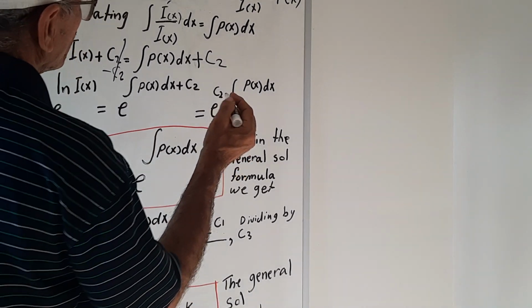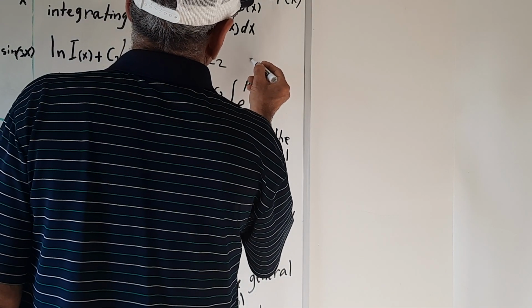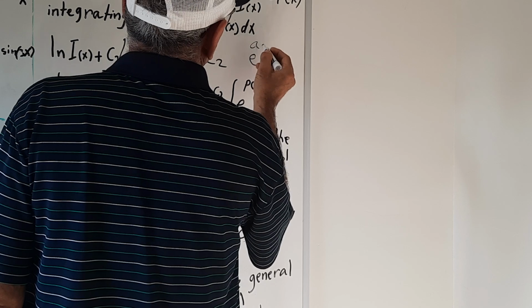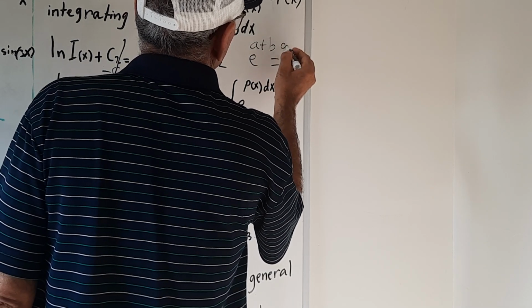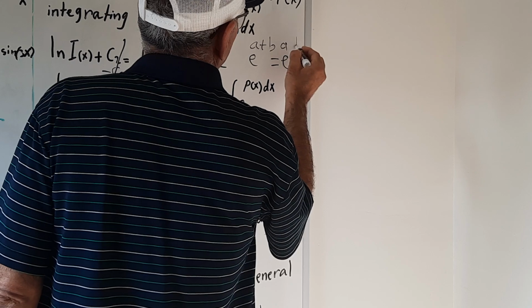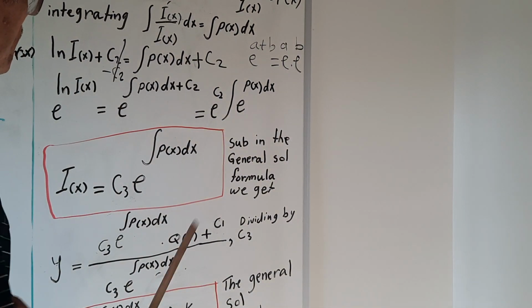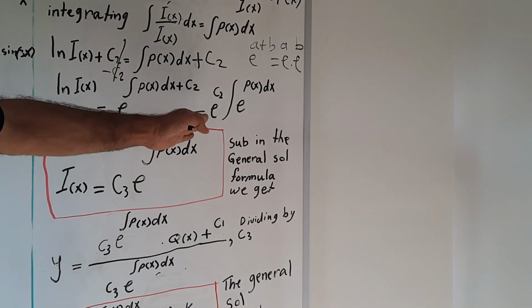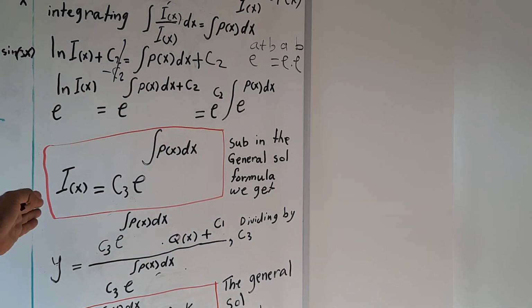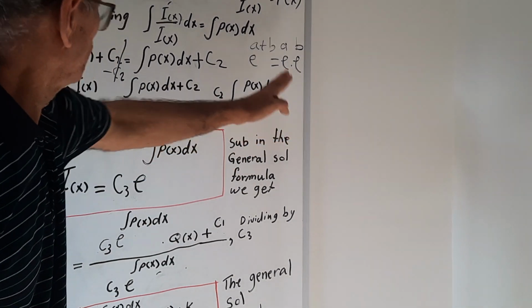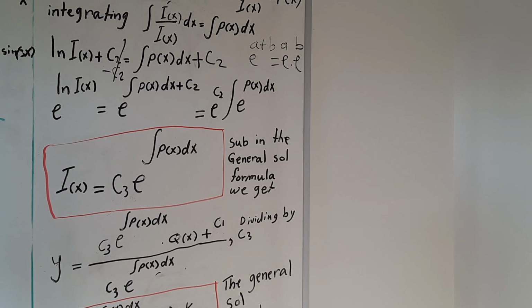If you remember, e to the a plus b equals e to the a times e to the b. So this is the same, and we took e to the power C2 because it is constant, so we put it in the front of the integration.